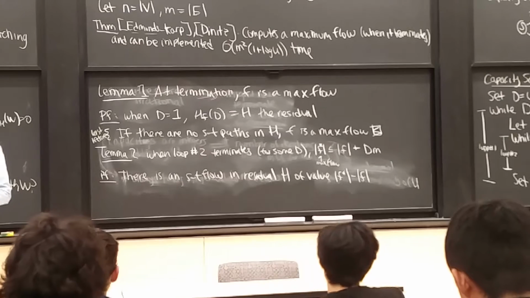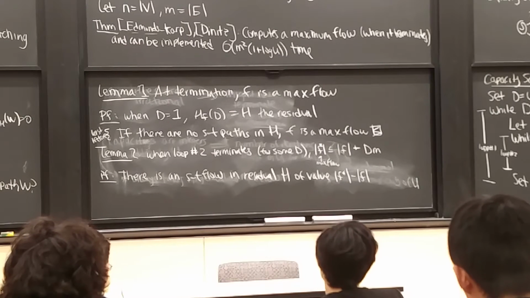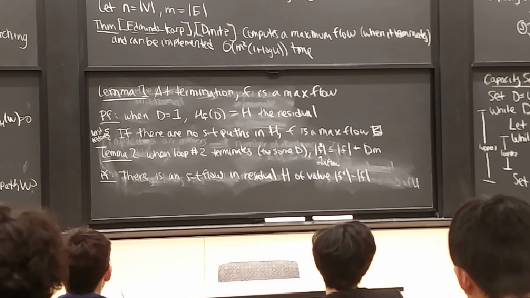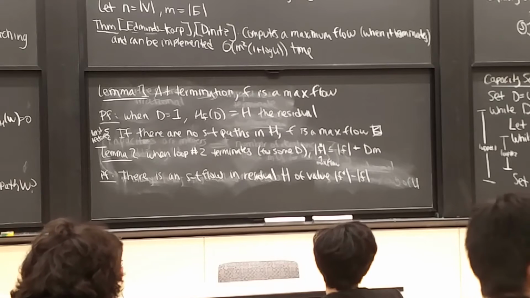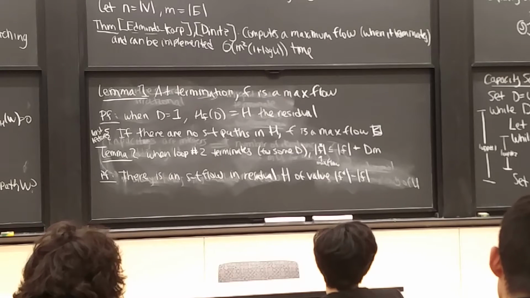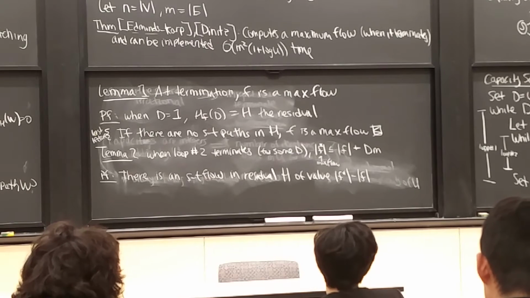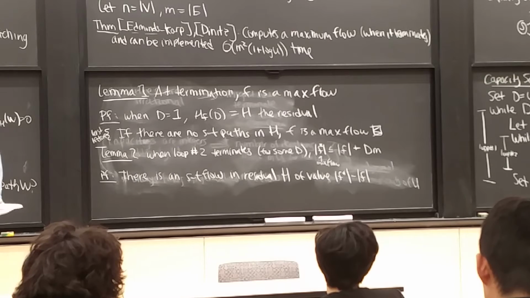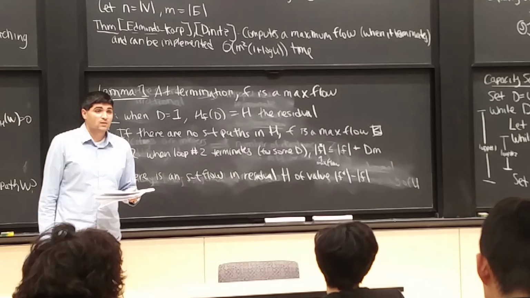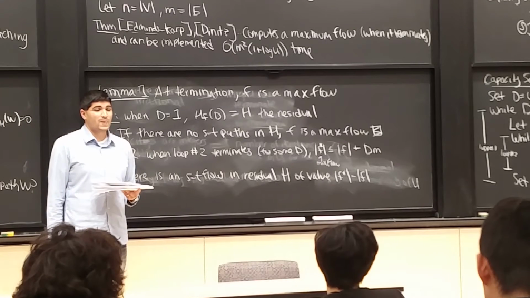All right, yeah. So when you apply that flow in the residual to the original flow, there's the flow that's the difference between the max flow and the original flow. Yep. And that's going to be a flow in the residual. Yes, exactly.